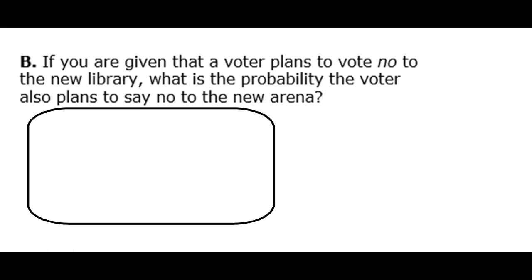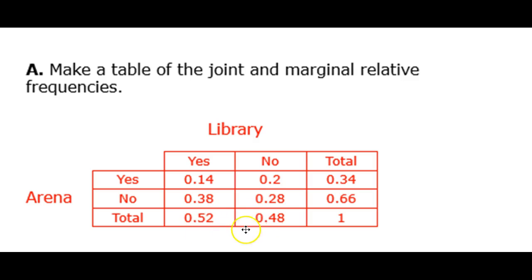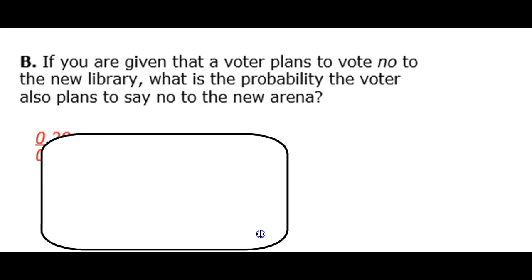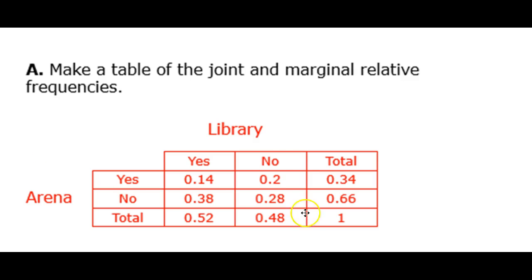Okay, so let's look at our table. Voting no to the library would be here, right? No library, right here, right? And voting no to the arena, both, here's our no-nos, right? Right here, no to the library, no to the arena is right here. So that would be 0.28 joint relative frequency, 0.28 out of the total, 0.48 who were voting no to the library, okay?